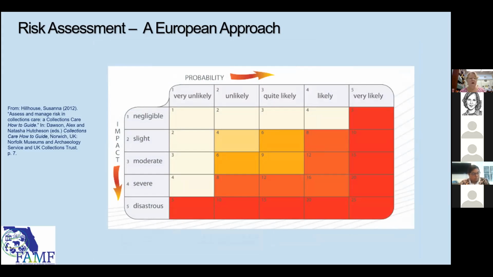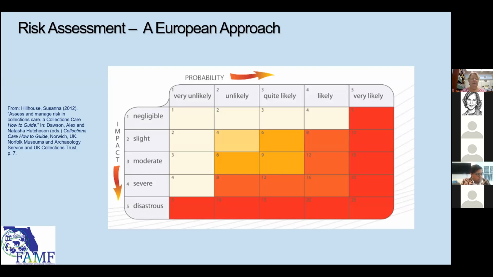Type 2 risks are sporadic and severe threats. The probability of these events can be based on previous experience at your institution and assessing incident reports and institutional records. Type 3 risks are mild and ongoing threats. The probability of these events can be derived from environmental data and knowledge of the effects of environmental conditions on material types.